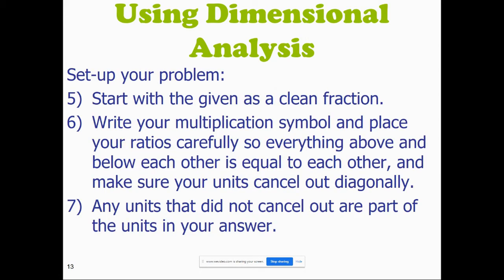To set up your problem, you start with your given as a clean fraction. That means your given is just a number with a unit, put over 1. You write your multiplication symbol and place your ratios so that everything above and below cancel each other out diagonally. Any units that did not cancel out are part of the units in your answer.